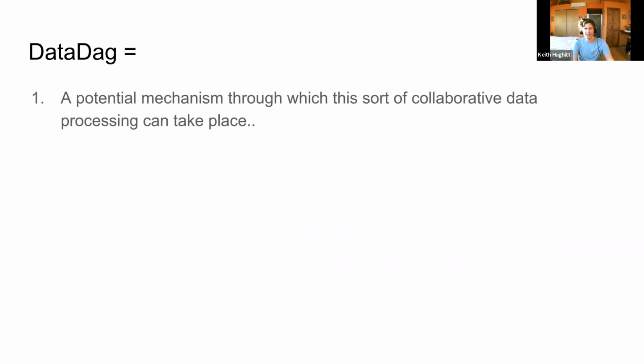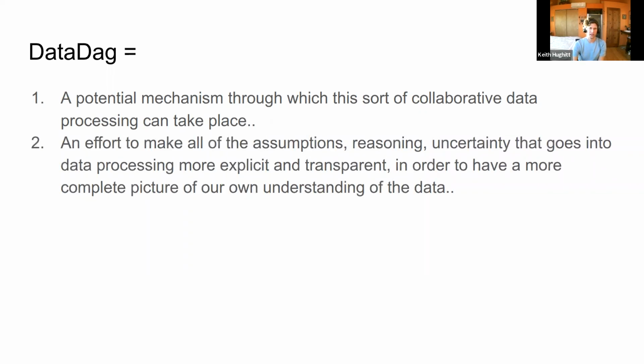So the DataDag, which again is just a tentative name I'm using to refer to this idea, why I think it's useful is because it could be a potential mechanism through which this kind of collaboration could take place. And it's an effort to make all the assumptions, reasoning, and uncertainty that goes into data processing much more explicit and transparent, so that we have a better understanding not only of what we think we know, which is the emphasis in science publishing.